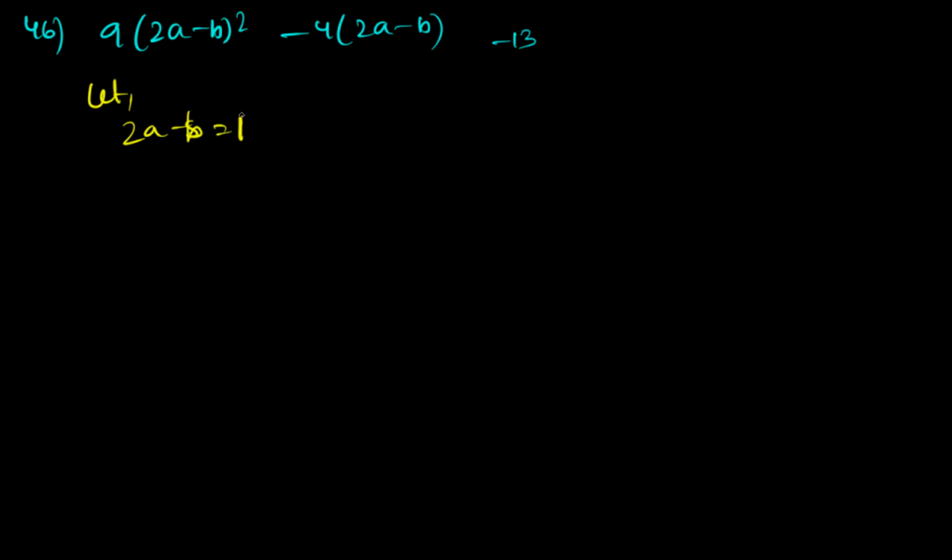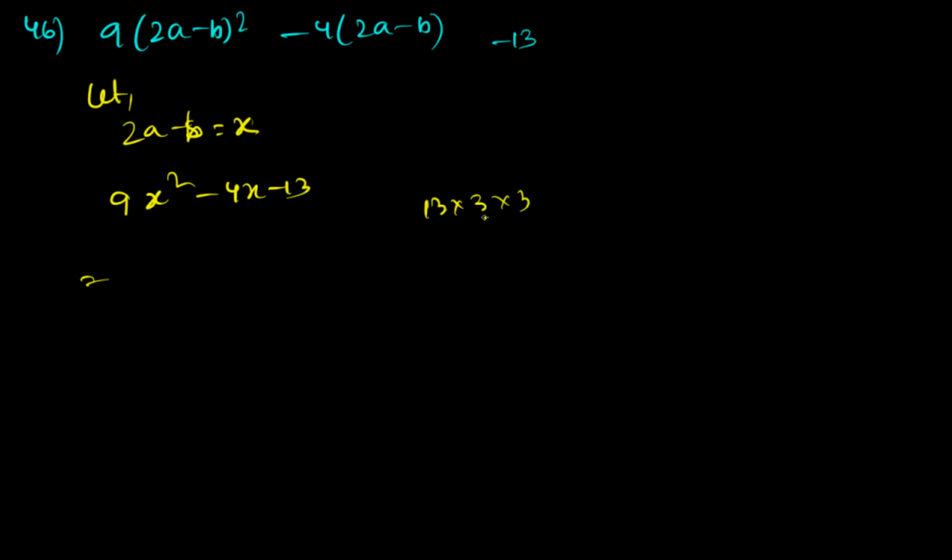Then let's do question number 46, which is 9 times 2a minus b the whole square minus 4 times 2a minus b minus 13. We can just write in the same way, let 2a minus b equal p, or simply x, because p and x look the same. So it's 9x square minus 4x minus 13. So it's 13 times 3 times 3.